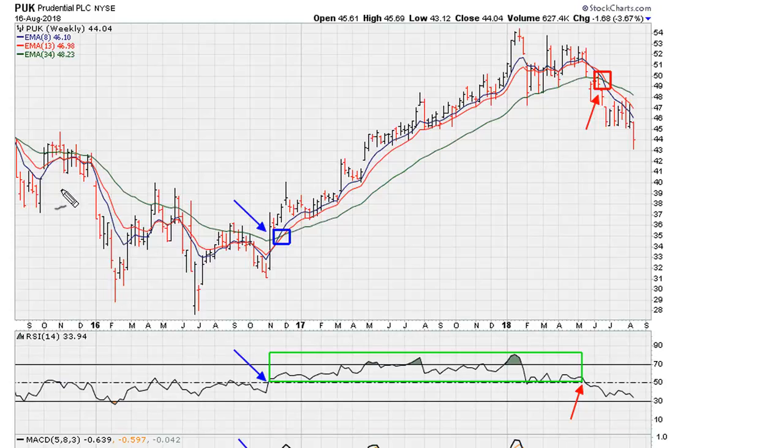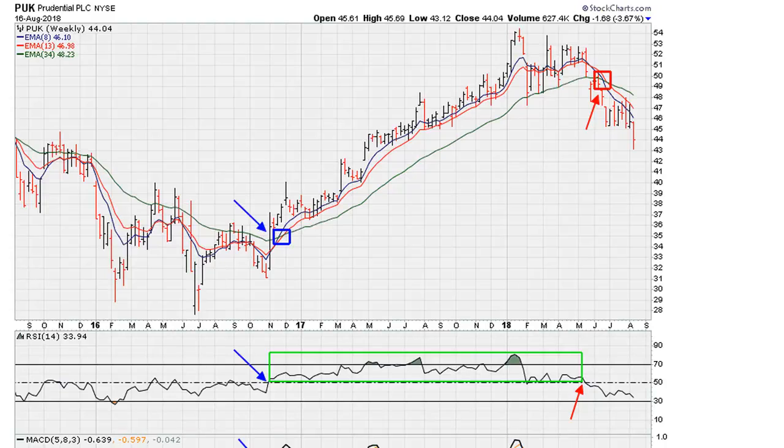For example, here we can see the moving averages trying to recover. They come back and break. Once the moving averages break, that tends to be an indication of continuation in the direction of the break. So you can also use the moving averages, once they clear a recent resistance or support level, as an indication of change in momentum.